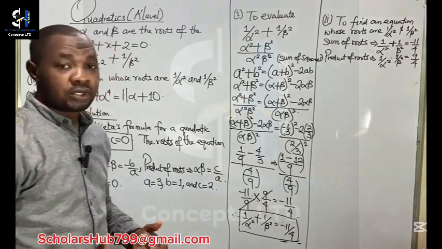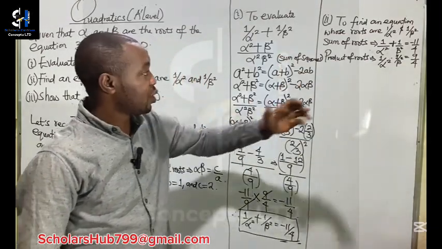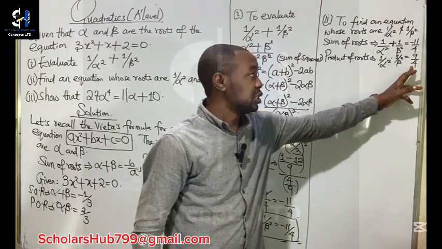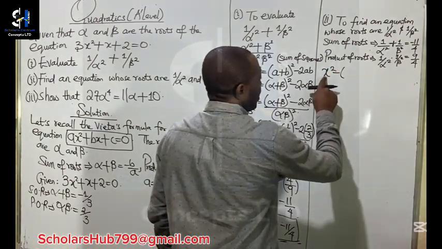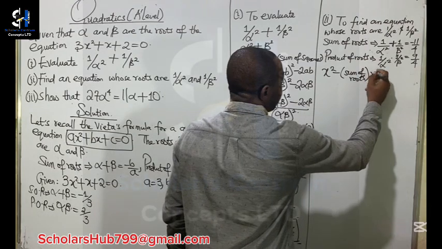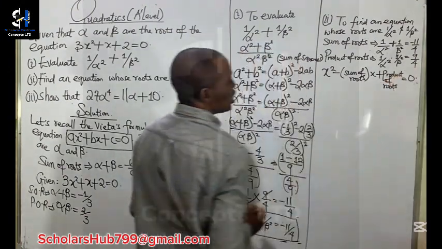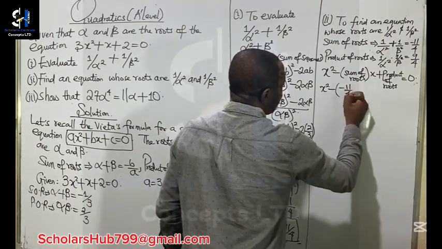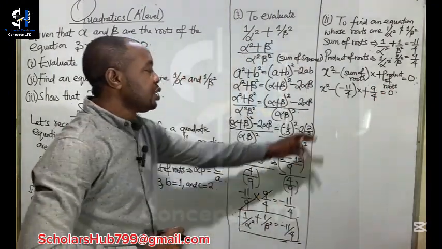Now, to form a quadratic equation whose roots are 1 over alpha square and 1 over beta square, after we found that the sum of roots is -11 over 4 and the product of roots is 9 over 4, we can just use this equation: x square minus the sum of roots times x, plus the product of roots, equals 0. So we plug in these values: x squared plus 11 over 4 x plus 9 over 4 equals 0.